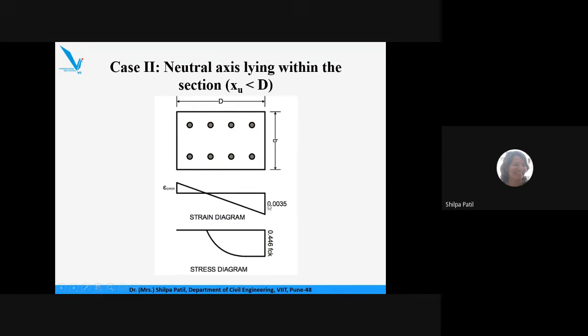Again, the maximum strain developed will be limited to the maximum amount for flexure, that is 0.0035, and it varies linearly up to the point where there is the minimum compressive strain. Beyond that, whatever the strain value, it is a tensile strain.